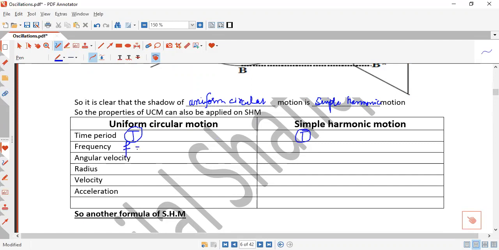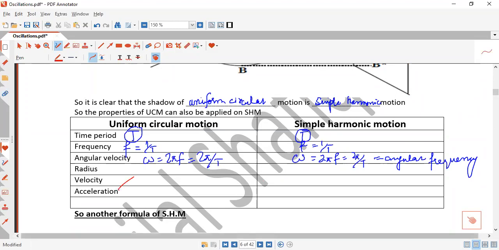If the frequency is 1/T there, then the frequency is 1/T here. And if the angular velocity is 2 pi f there, 2 pi by T there, then it is 2 pi f and 2 pi by T here. But its name is changing, because right now it is not angular velocity, it is angular frequency. So that's the first change.